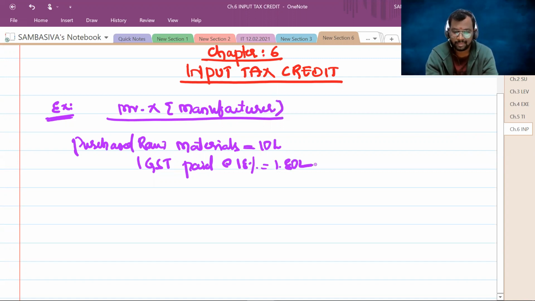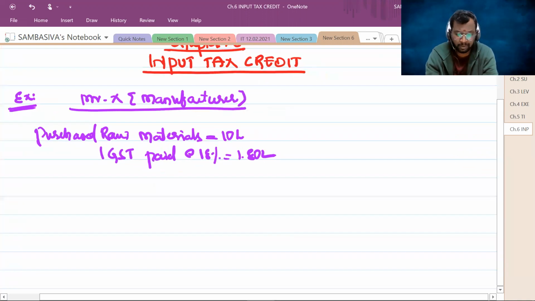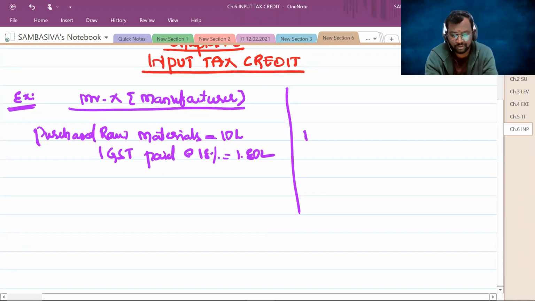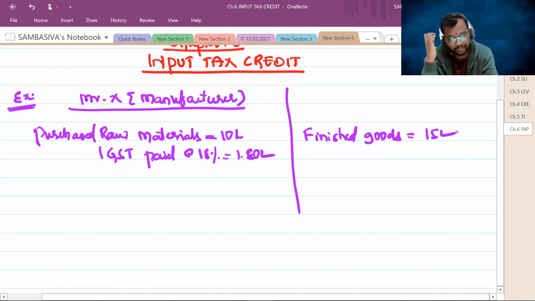Now, with the help of these raw materials, he produced finished goods worth rupees 15 lakhs.